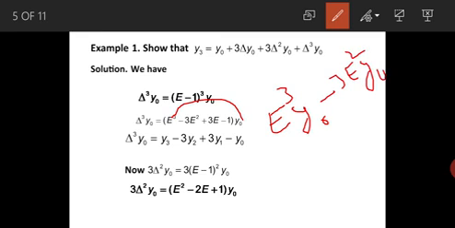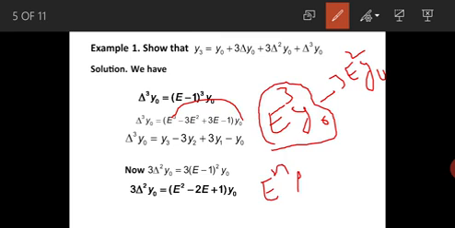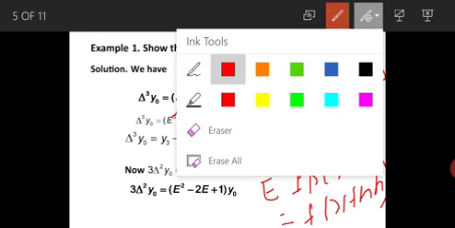If you see these terms, this is nothing but e to the power n into f of x, right? So what is the formula for this? It is nothing but f of x plus n h, right friends? This is the formula, so we will use this formula. What happens here? X plus nh, h is equals to 1 as usual.